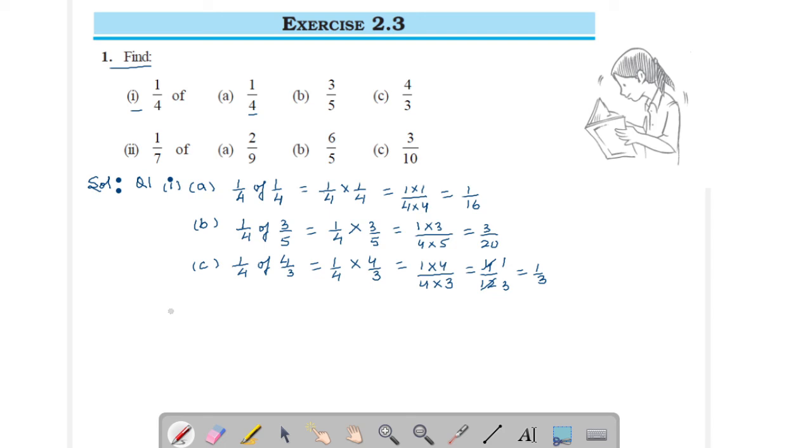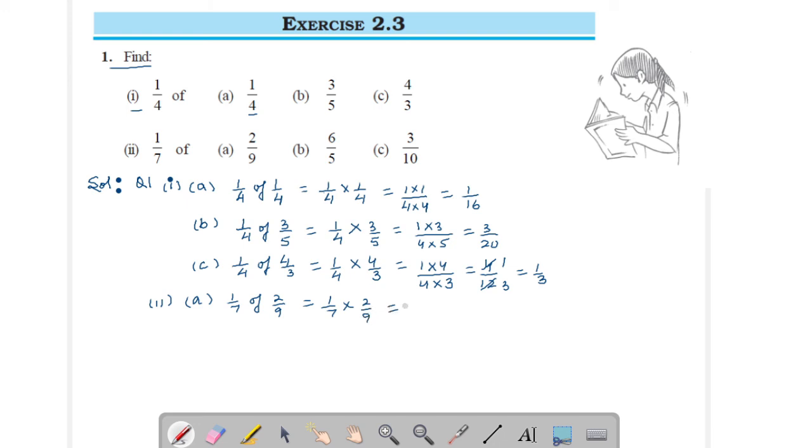Now come to second part, A part. It is 1 upon 7 of 2 upon 9. This can be written as 1 upon 7, of is converted into multiplication, 2 upon 9.